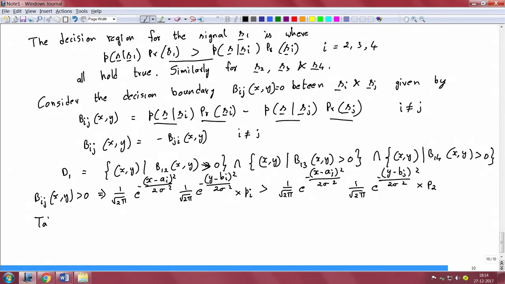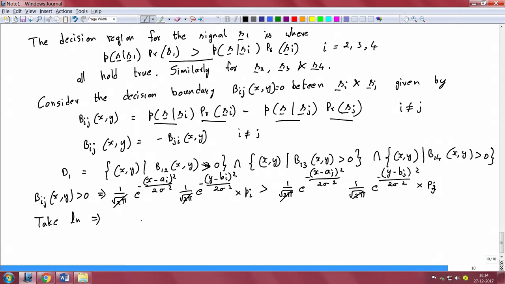So, take log on both sides. What we get is, these terms cancel out here, and pi instead of p2 it is pj.